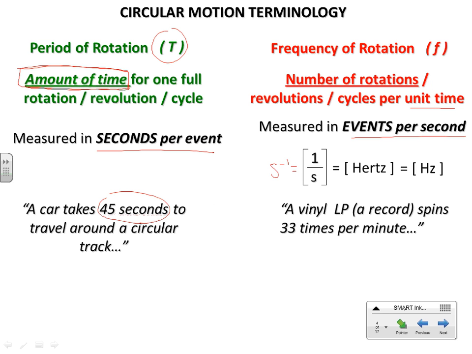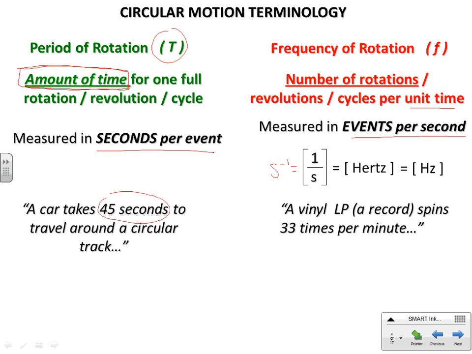Right? So here, notice, a vinyl LP spins 33 times per minute. This is a number of events per unit time. 33 revolutions, well, revolutions isn't so much a unit, we can just say it's 33 per minute.